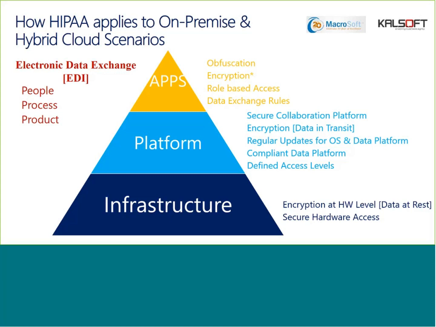Again, at encryption, and the reason I'm saying encryption here with a star is that if you have encrypted your infrastructure and platform, then probably an obfuscation layer will be ample for you.